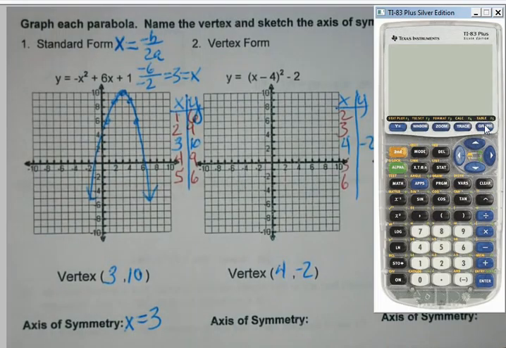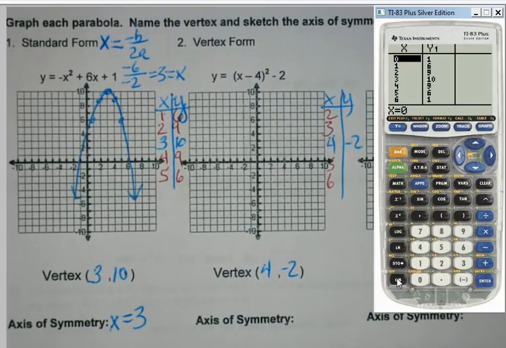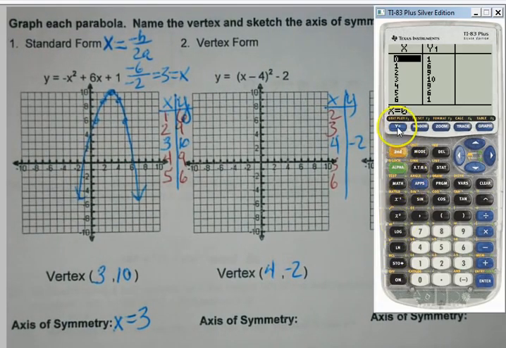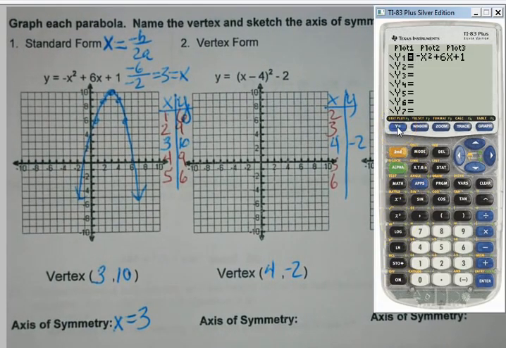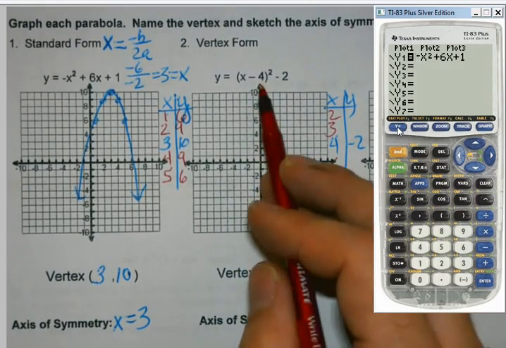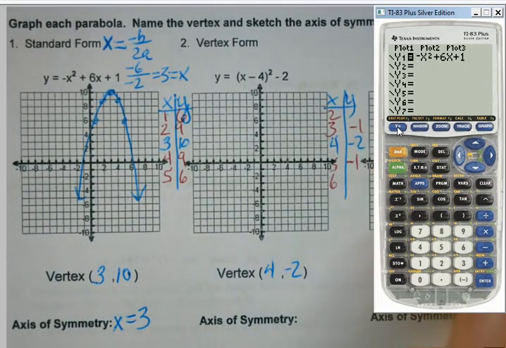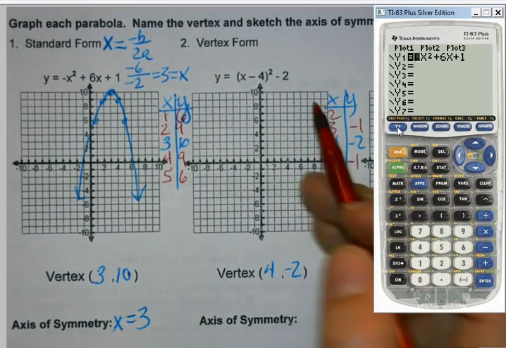Or I could go back to my calculator again. Because if I substitute values in, I could do it that way. These aren't hard values to deal with. So if I did 5, 5 minus 4 is 1. 1 squared is 1, minus 2 is negative 1. If I can't handle that stuff at this point, we're in trouble.